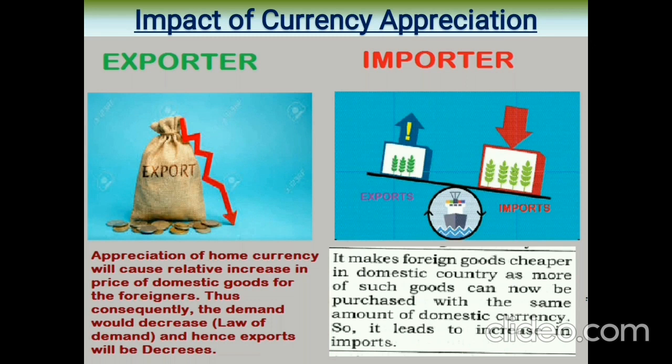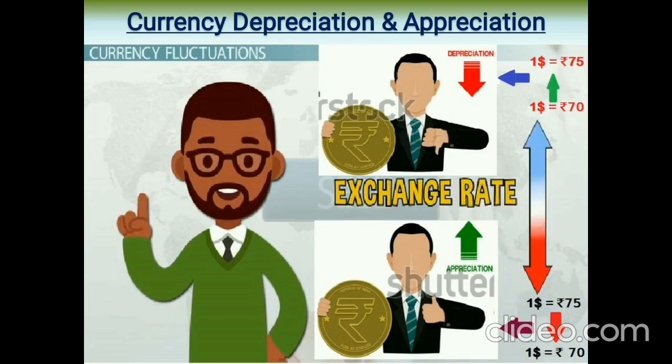But we can find a relationship between foreign exchange rate and appreciation or depreciation by this picture. The given picture is showing the relationship between currency depreciation, appreciation, and rate of exchange. The first relationship is, if the rate of exchange is increased, as we see in the exchange rate in the picture, the increased side of exchange rates shows the depreciation.